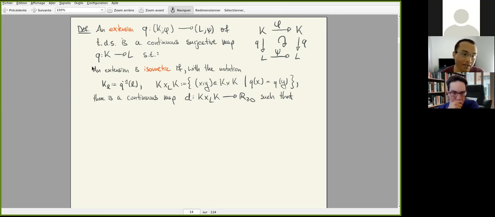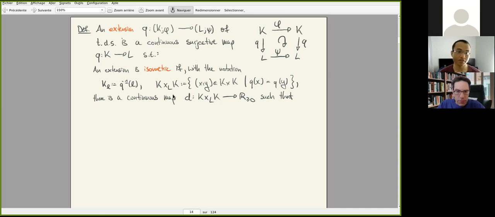By k index small l, we denote the fiber of k over l with respect to this quotient map. And here we have the fiber product of k with itself over l. So we take all points in the product which project to the same thing on l.